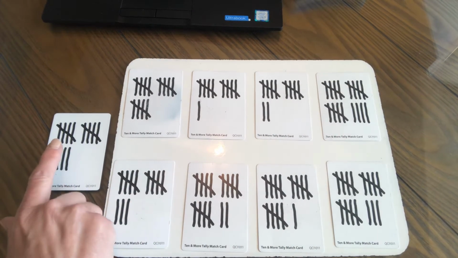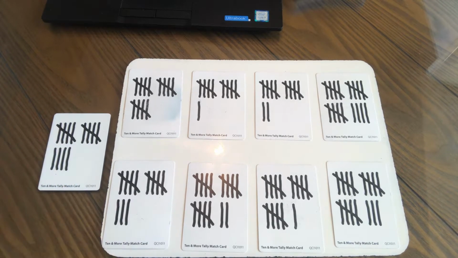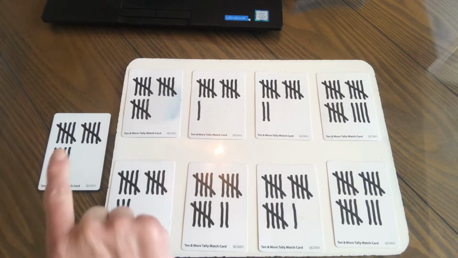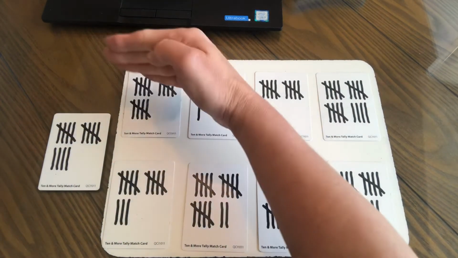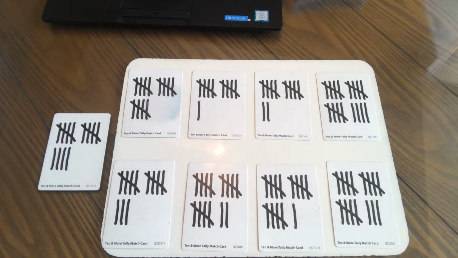Now I notice that there are 2 fives. And I remember, in fact, on every card at the top, don't you see 2 groups of 5 at the top?